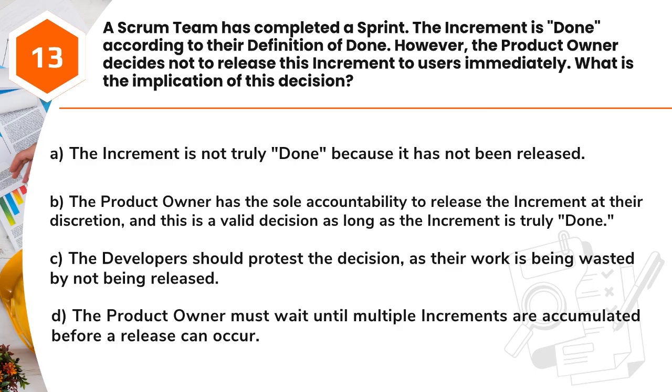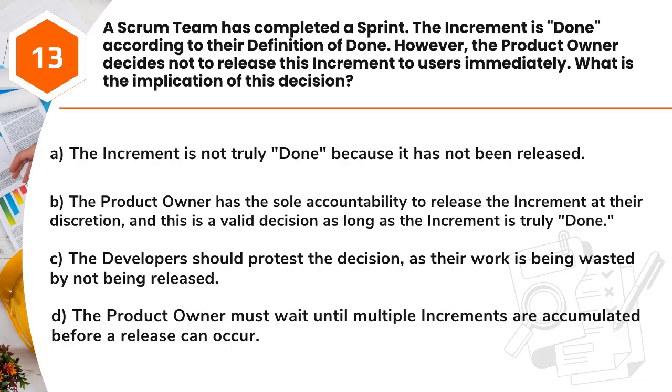Question 13. A Scrum team has completed a sprint. The increment is done according to their definition of done. However, the product owner decides not to release this increment to users immediately. What is the implication of this decision? A. The increment is not truly done because it has not been released.